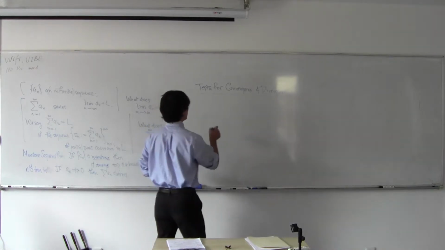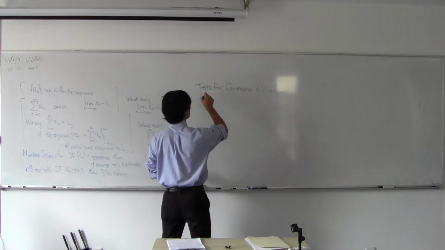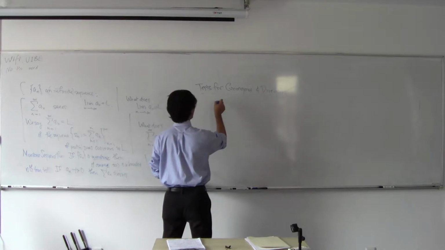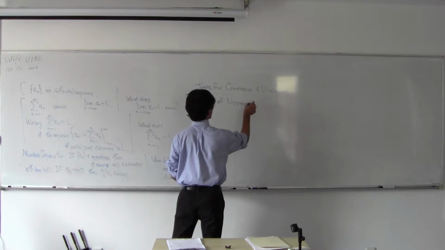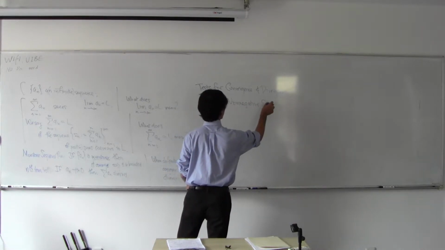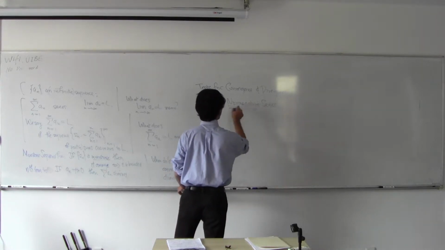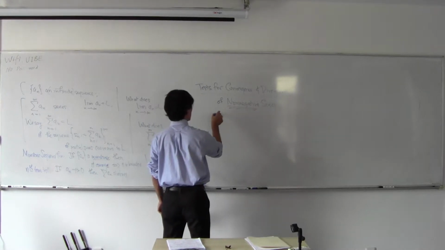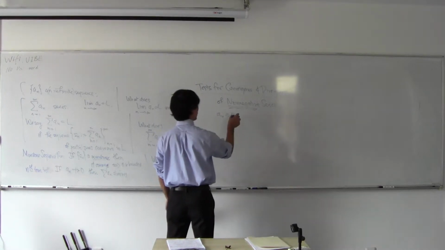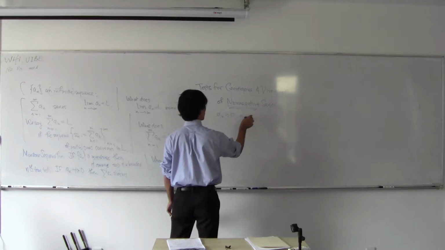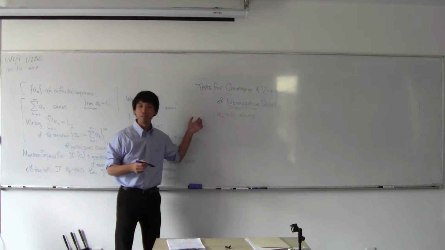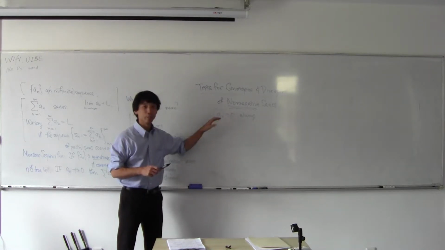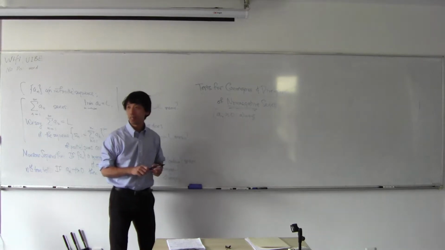For today, it'll be only non-negative series. So a sub n is going to be greater than or equal to 0 always. There are going to be no negative numbers today, only 0 and above. That might seem strange.